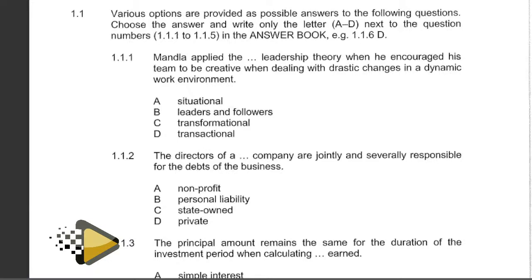So now also grade 12, remember, I always advise you guys to apply the elimination method. When you apply this elimination method while approaching multiple choice questions, you are broadening the chances of survival for yourself.